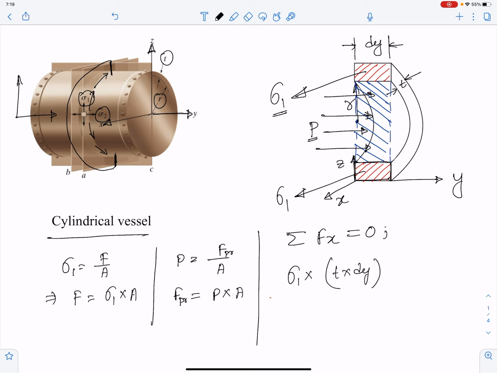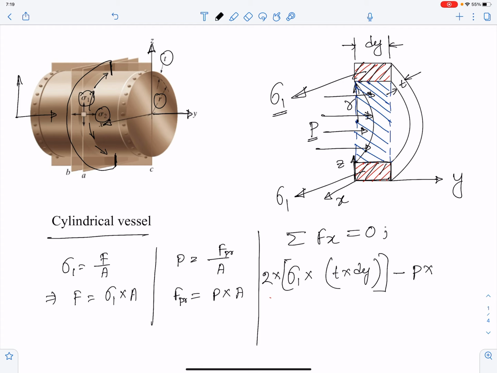Now I do have this section, this is one section and this is one section. So I have to multiply this by 2, minus P, which is acting in the opposite direction compared to sigma 1, times the area.